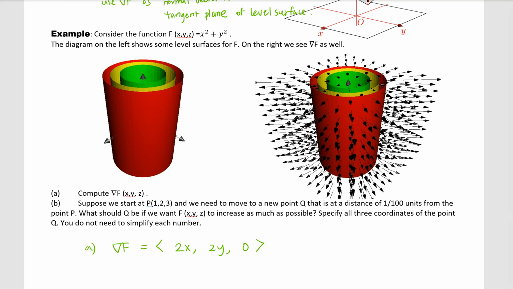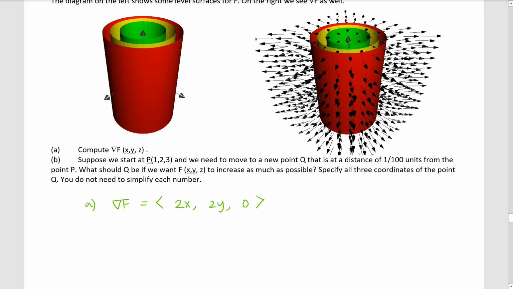Suppose we start at the point (1, 2, 3), and we need to move to a new point Q that is at a distance 1 over 100 units from the point P. What would Q be if we want the function to increase as much as possible? Specify all 3 coordinates of the point Q. You do not need to simplify each number.